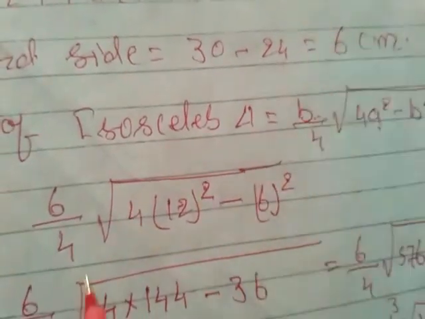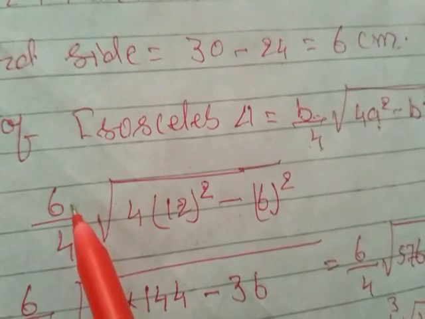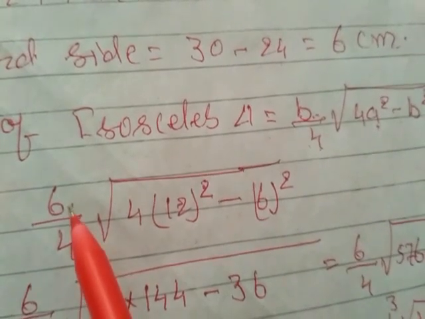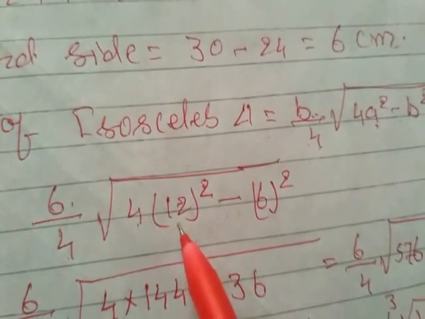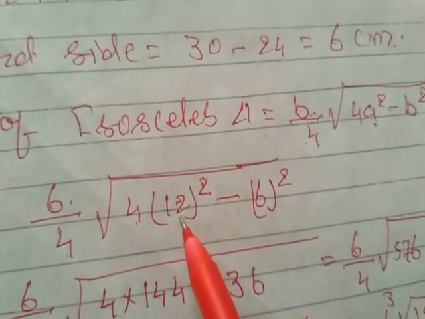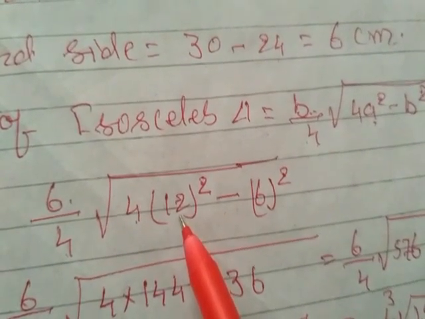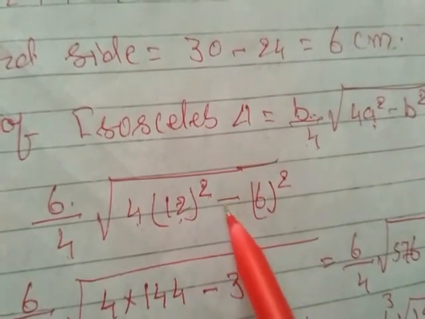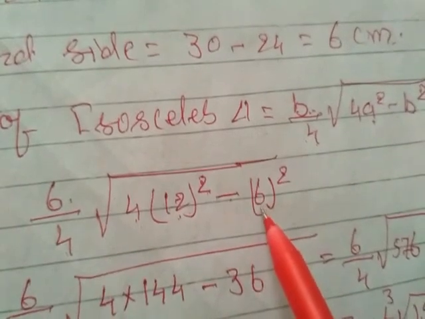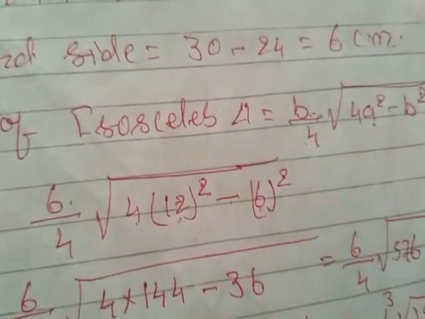We have b equals 6 centimeter. So we have 6 by 4 under root 4, and we have 12 as the equal sides, that is a. So 4 into 12 square minus the value of b, that is 6 square.